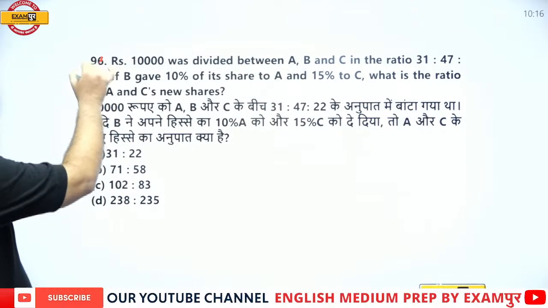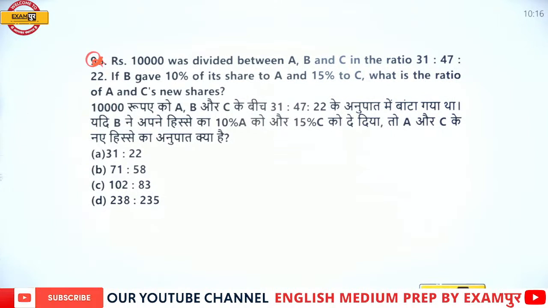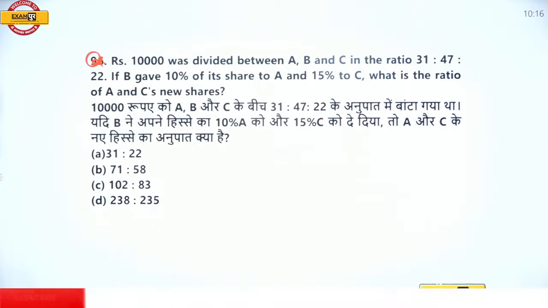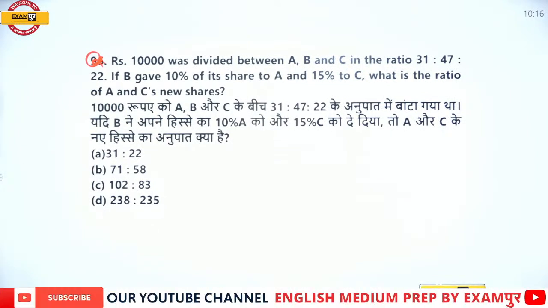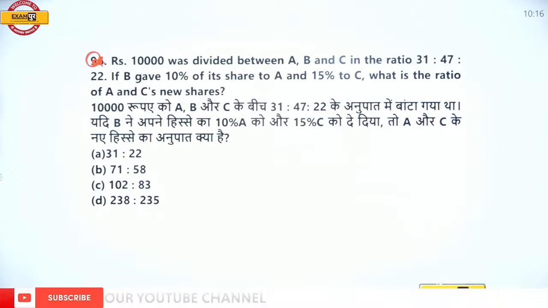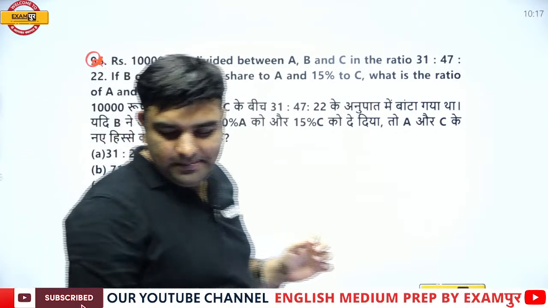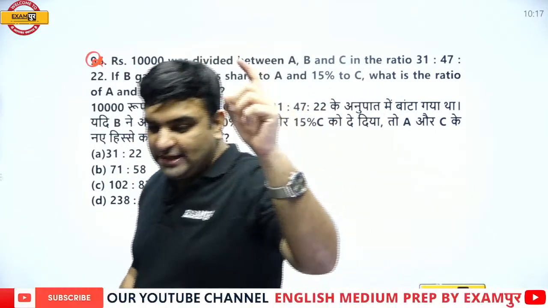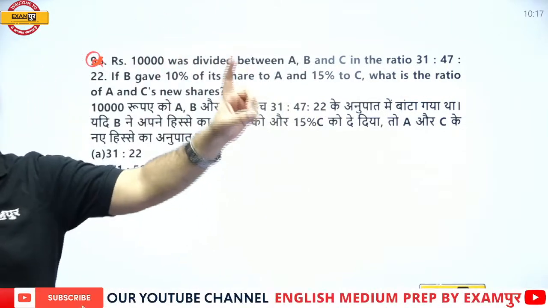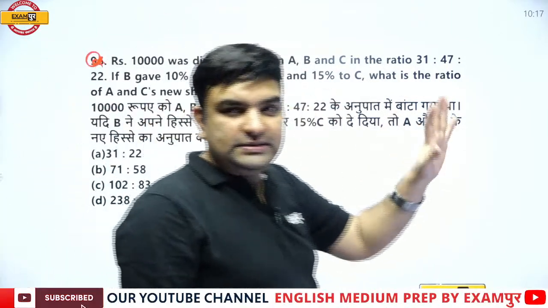10,000 is divided among A, B, C in the ratio 31, 47, 22.